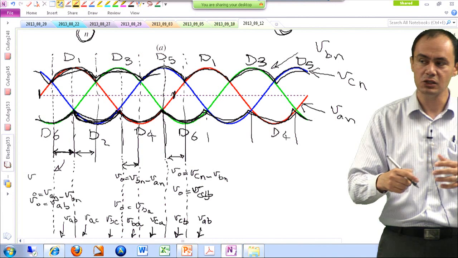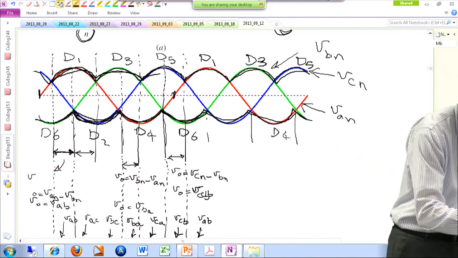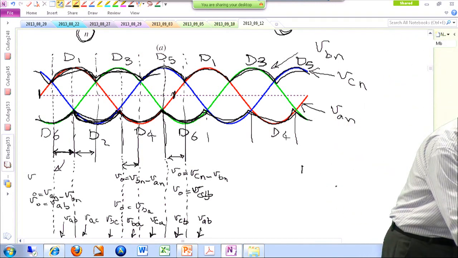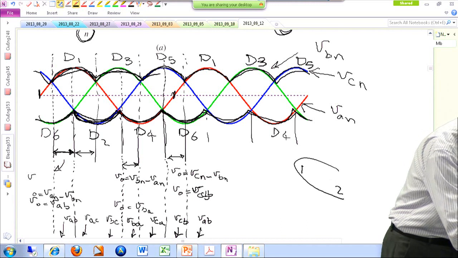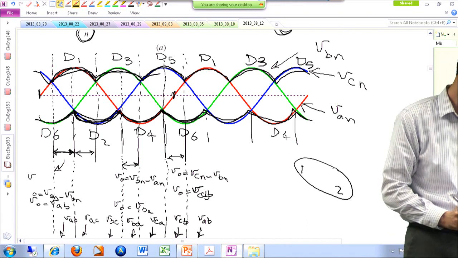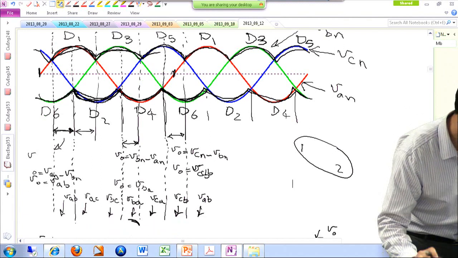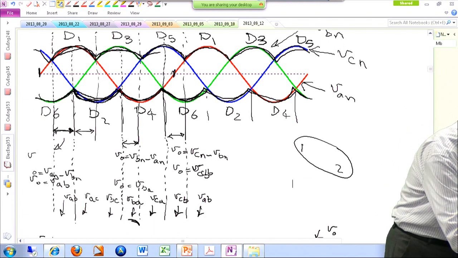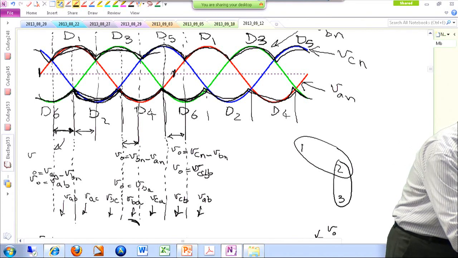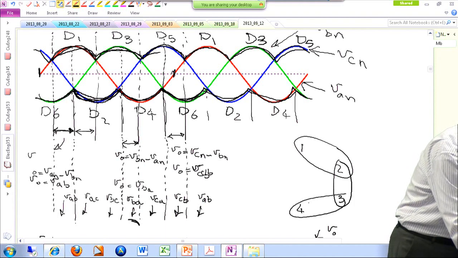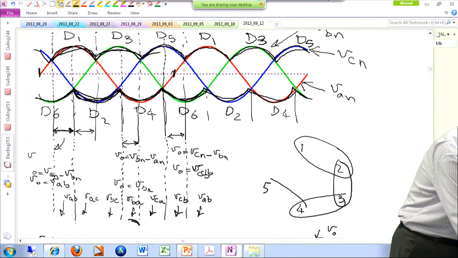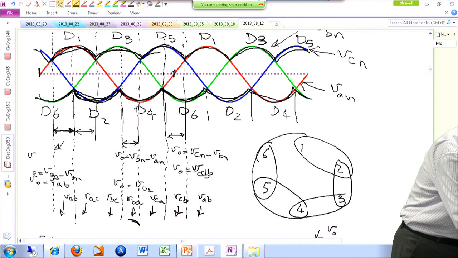So if you look at the sequence of the conduction of the diodes, you're going to see D1 and D2 conduct. Then D2 and D3 conduct. And then D3 and D4. And then D4 and D5. And then D5 and D6. And then D6 and D1.